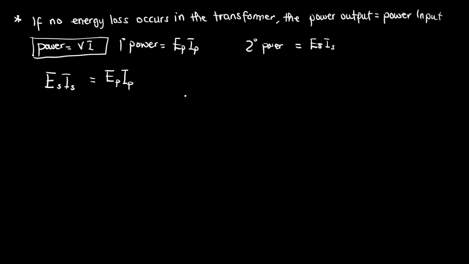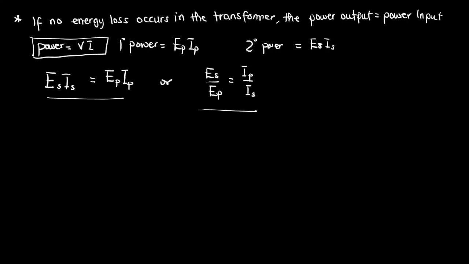The power input, or you can rewrite them as ES over EP, it's equal to IP on IS. Are you okay? So we are saying that it's either this or this, right?